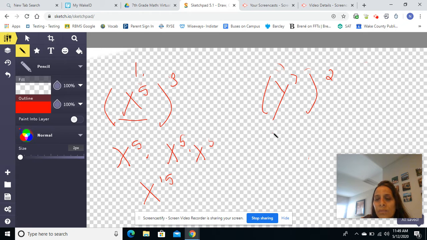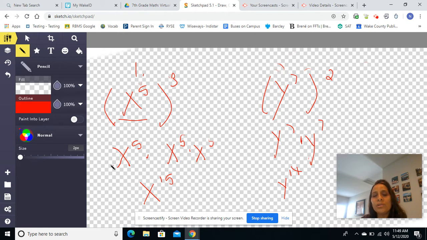So this is y to the 7th times y to the 7th. Going back to those rules that you learned with Miss Grasso and Miss Harris, 7 plus 7 would give us y to the 14th.